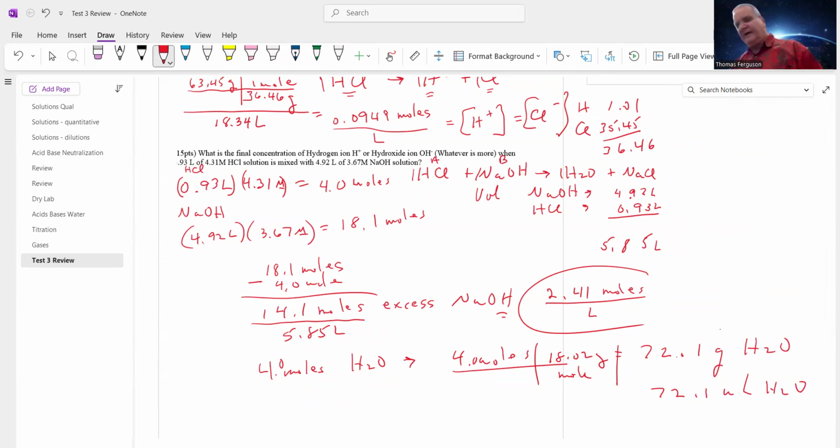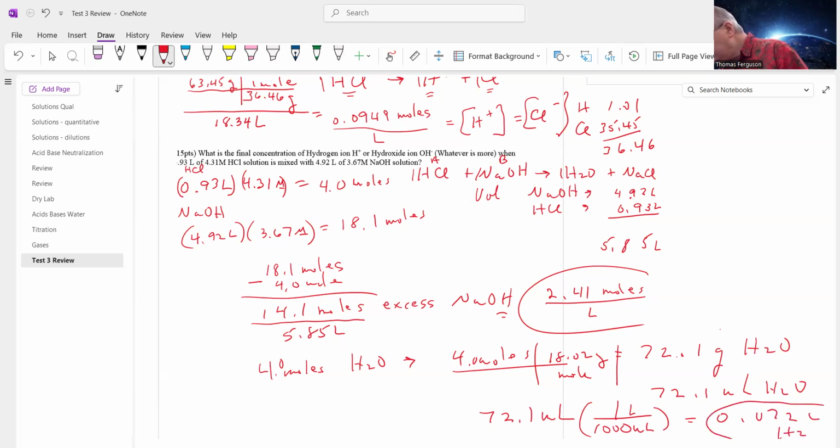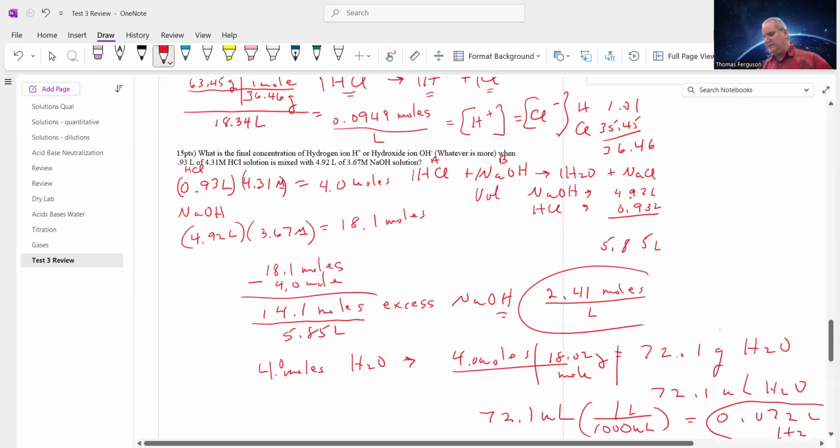And then I'm going to divide that by 1,000 to get liters of water. So that's going to be what? So 0.072 liters of water. So that's going to add to the total volume if we were being very picky.